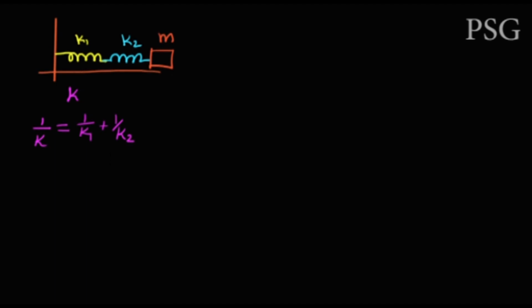If two springs of spring constant k1 and k2 are attached to the same mass m and they show time periods t1 and t2 separately, and now both the springs are connected to the mass in series, then the time period of this combination, say t series ts, is equal to square root of t1 squared plus t2 squared.